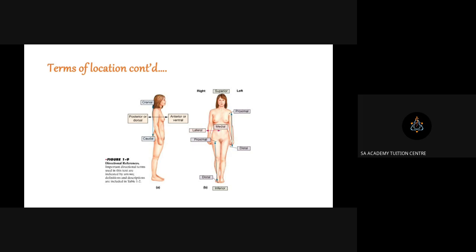Yes, sir. Can you explain again the anterior and posterior? Okay, so you've seen this picture which is here now. We're saying anterior and posterior are in relation to the coronal plane, right? So we're going to cut the body into the anterior aspect and the posterior aspect.